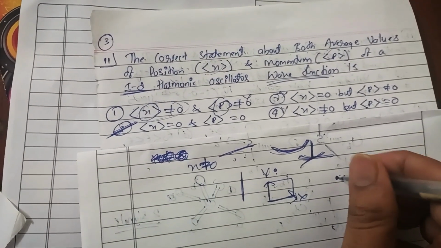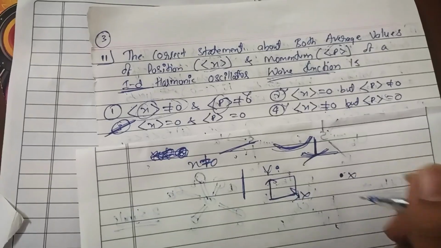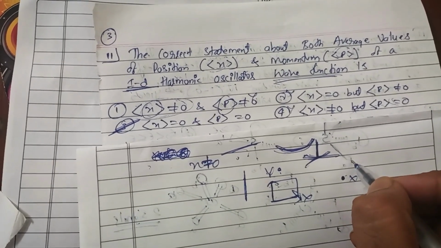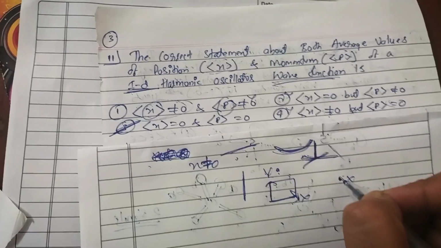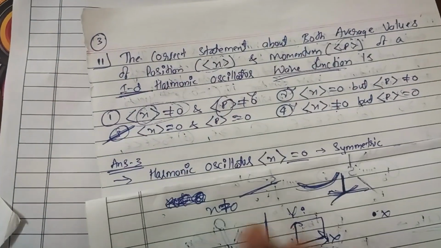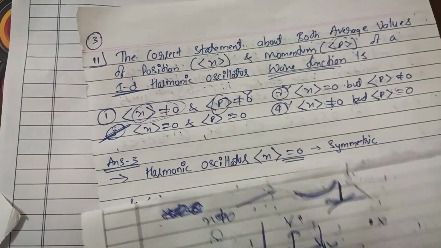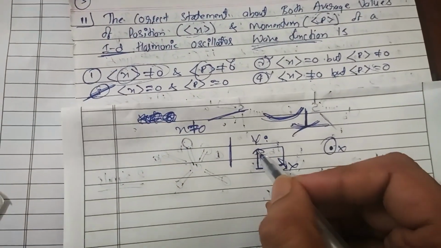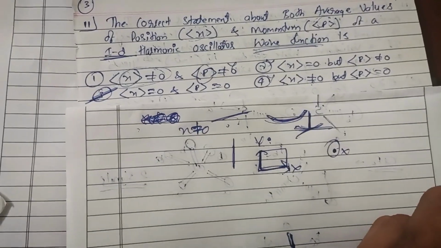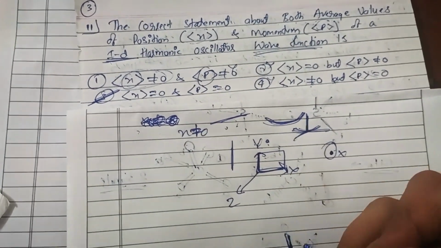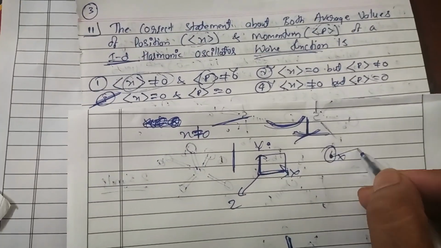For one dimension, what will the wave function be? There will be no momentum and also zero position, hence both are equal to 0. Since it is symmetric, it is only a point; drawing it like this is for 2 dimensions, and if we draw it like this, then it is 3 dimensions. They are asking for 1 dimension.